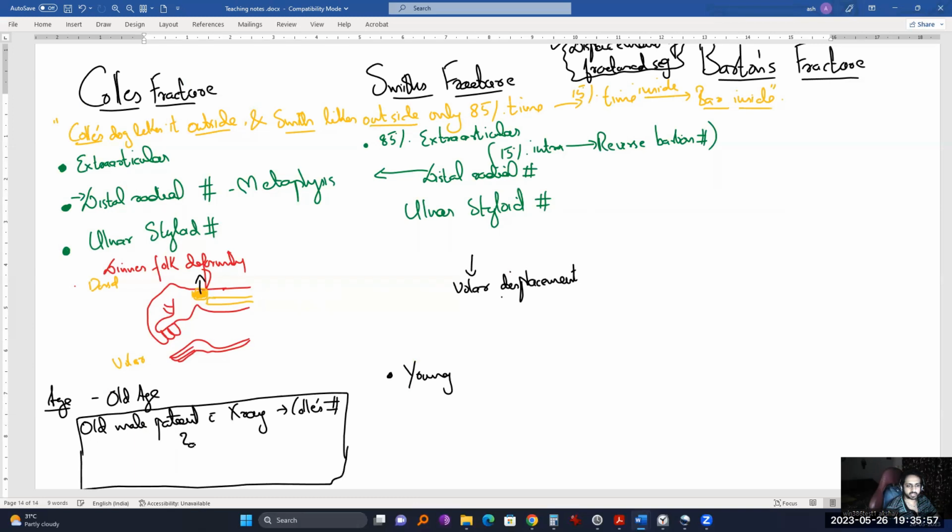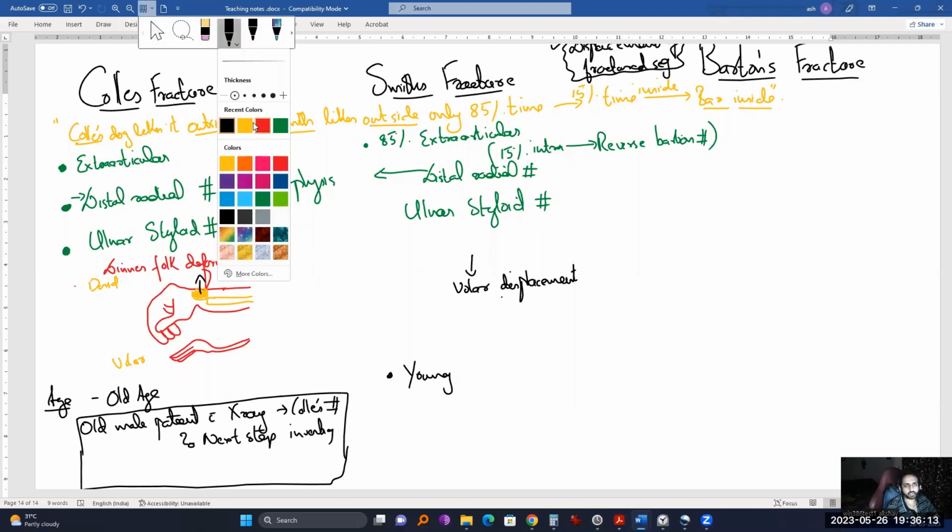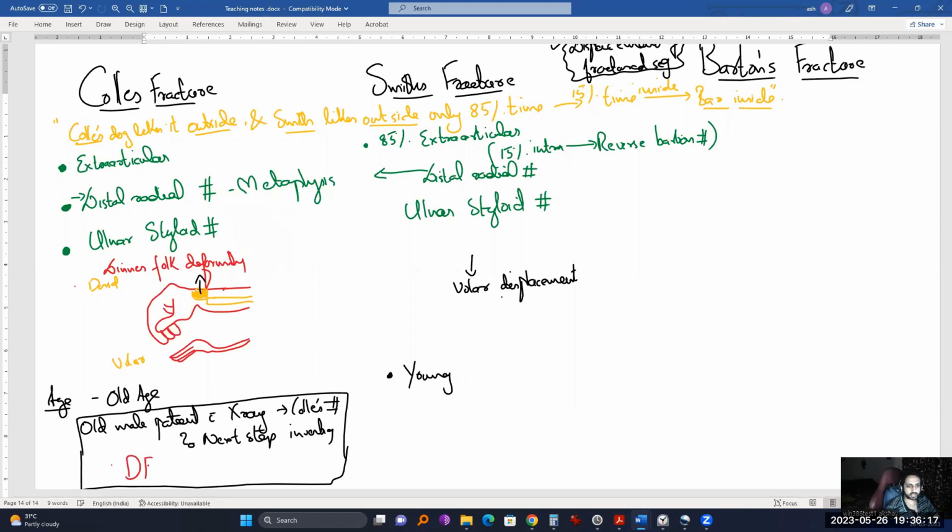What is the next step investigation? So the next step investigation to do is a DEXA scan.